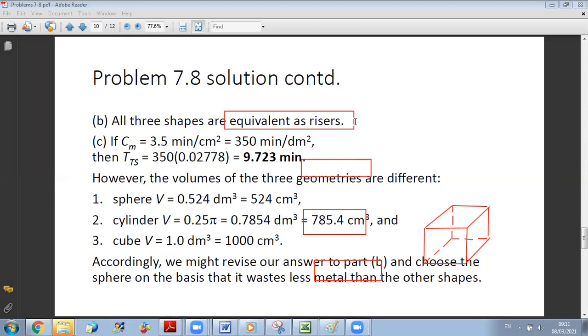They should say how equivalent concerning solidification time. But of course if you want, let us replace it by all 3 shapes have the same solidification time. Okay, but to select we should look at another criteria. So to select we select the smallest volume.